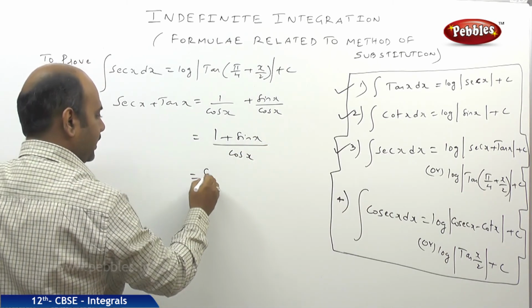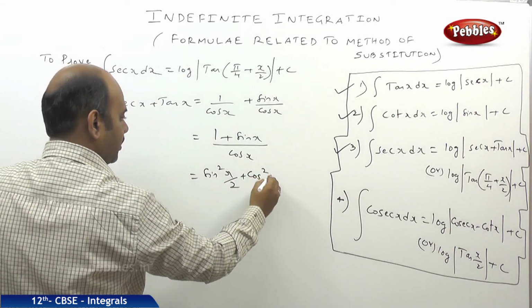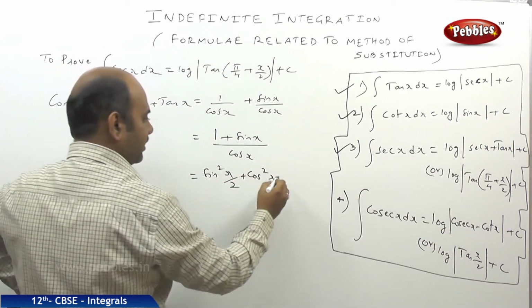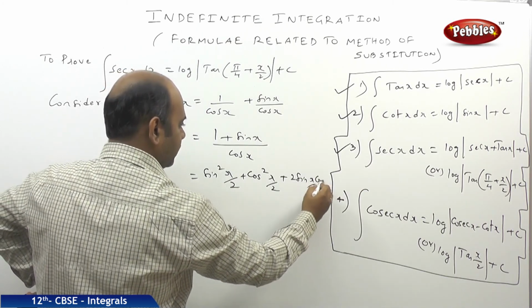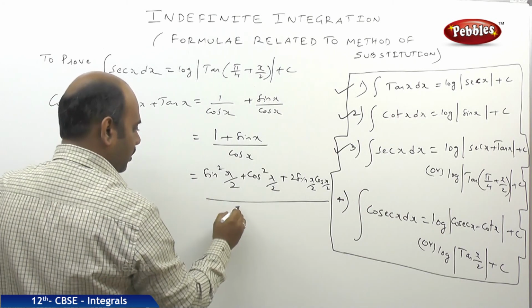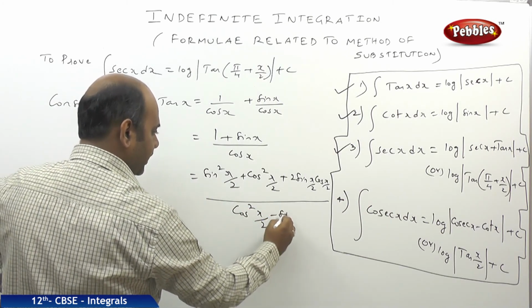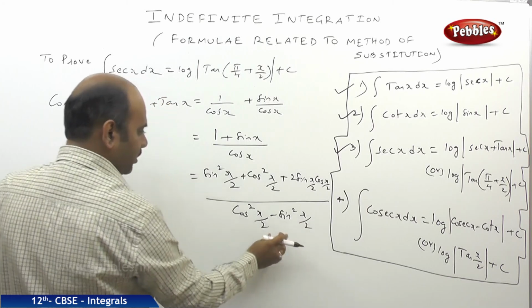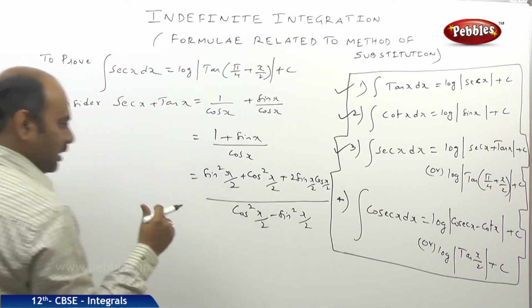Now 1 I can write as sin square x by 2 plus cos square x by 2, and sin x I can write as 2 sin x by 2 cos x by 2, whole divided by cos x, which I can write as cos square x by 2 minus sin square x by 2. These are the submultiple formulas which you learned in your 11th class.